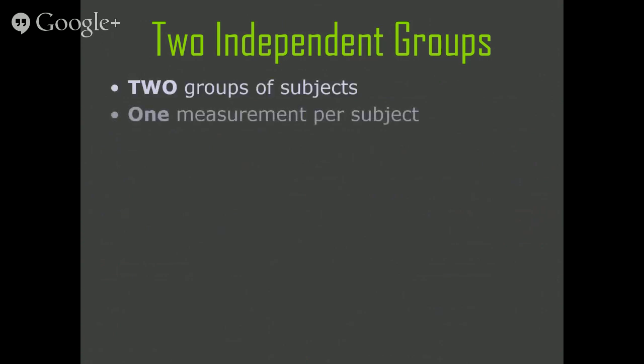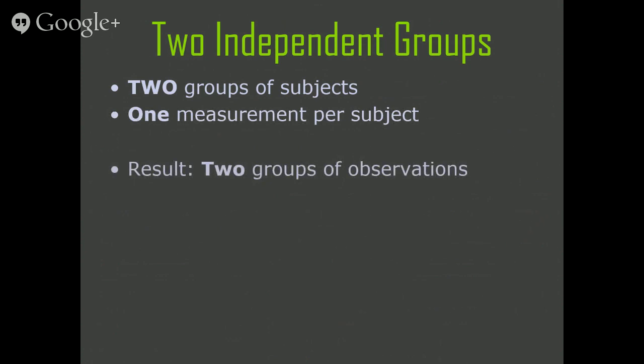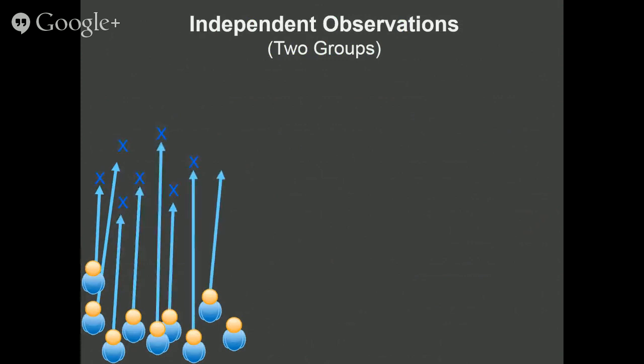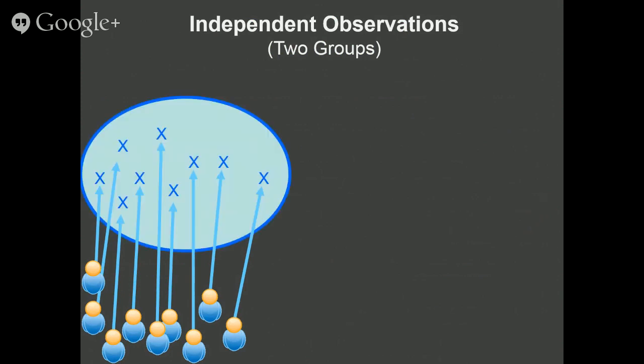Now, the third situation is 2 independent groups. That's when you have 2 groups of subjects, 1 measurement per subject. So you still get 2 groups of observations, but this time it came from 2 separate groups of people. So for group 1, I put 8 people over here. Let's say you give the ACT verbal test to just 8 students, and that's their test. You calculate the mean of the verbal test.